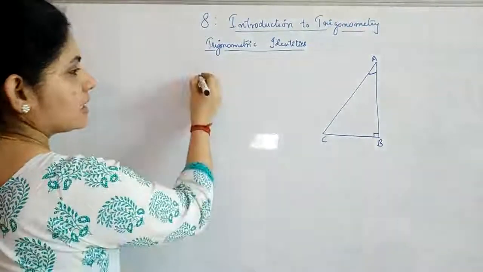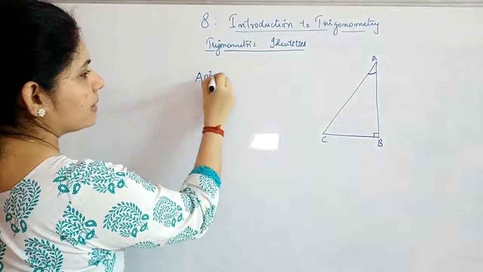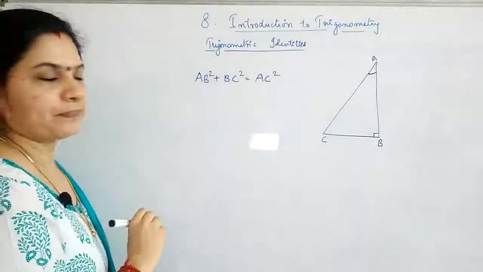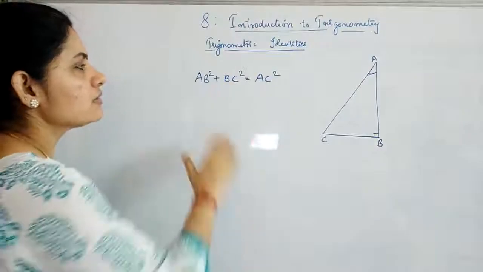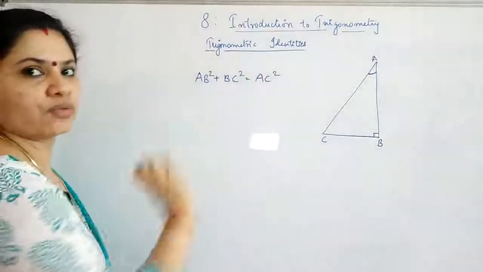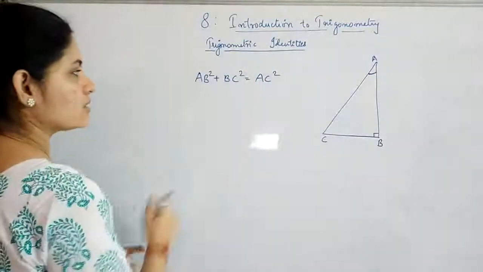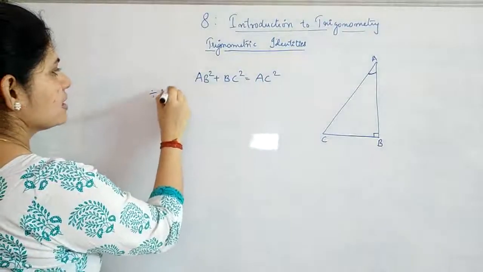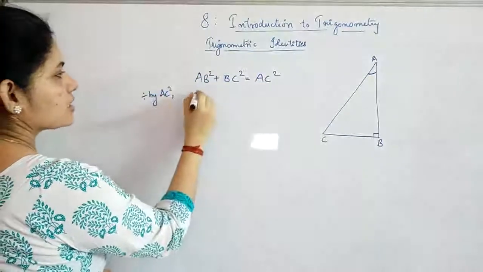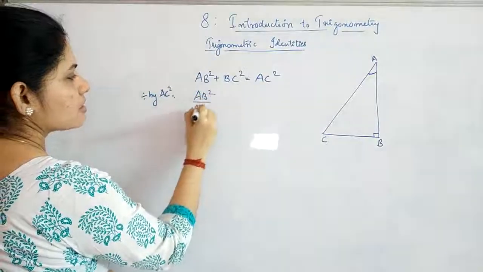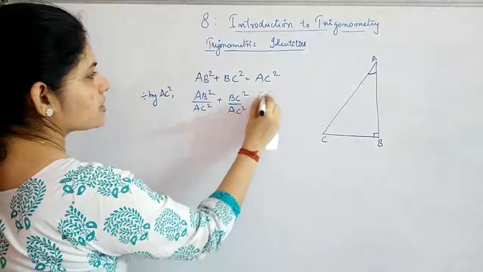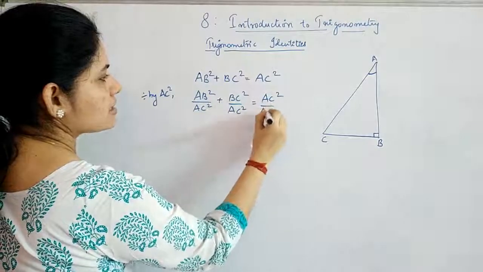What we will get? AB square plus BC square is equal to AC square. Now what we are doing is dividing throughout by AC square, in order to make the right hand side 1. Dividing by AC square, you will get AB square by AC square plus BC square by AC square is equal to AC square by AC square.